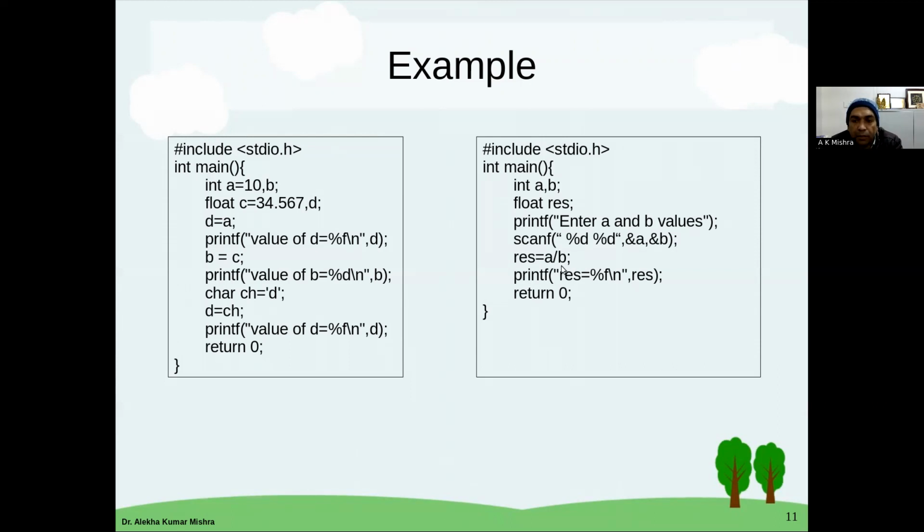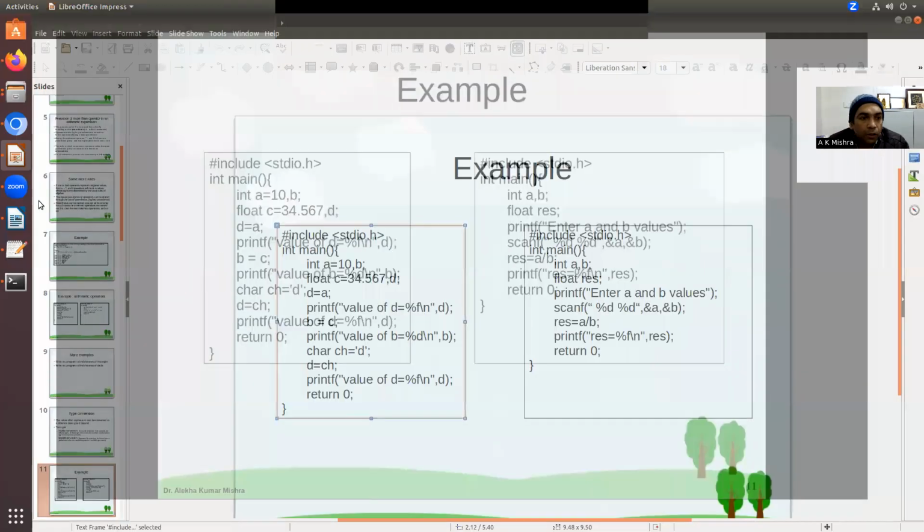So that's why during the division itself, the fractional part is lost. So when you're doing this kind of expression, you may not get the desired output if you're expecting a decimal value, meaning the exact division value.